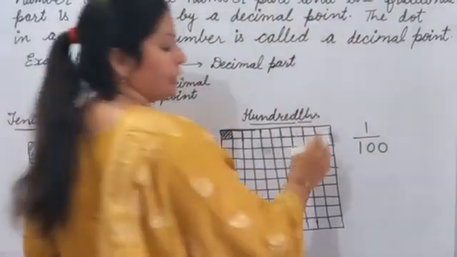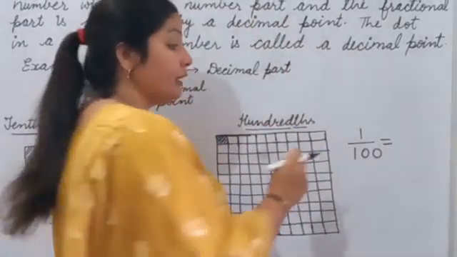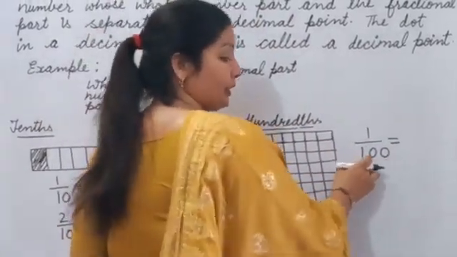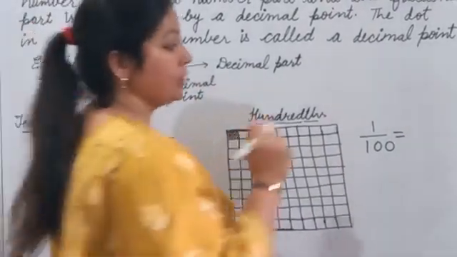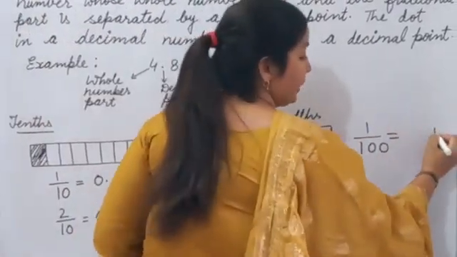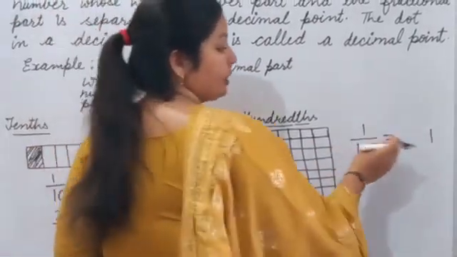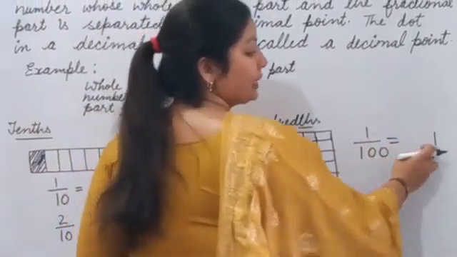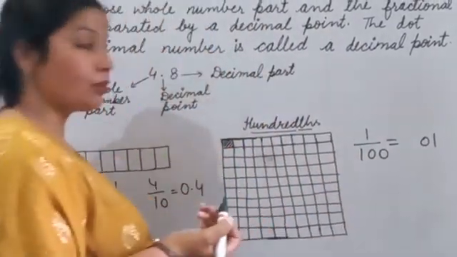So 1 upon 100. When we write in decimal form, how will we write it? In 100 we have 2 zeros in the denominator, that means there will be 2 decimal places. In the numerator we have 1, so we write here 1. Now after 2 digits we take the decimal, but there is only 1. We can write 1 like this, 01, this is also 1.